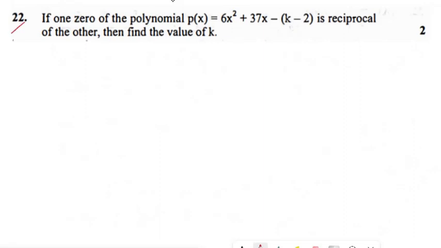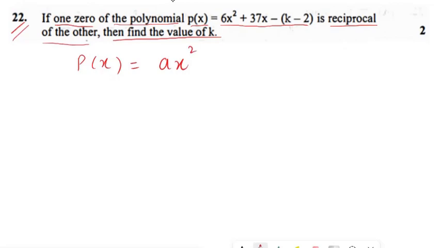Now question number 22. If one zero of the polynomial p(x) is reciprocal of the other, then find the value of k. To get marks in this question, first of all, we will identify the value of a, b and c. The standard form of the polynomial is ax square plus bx plus c.